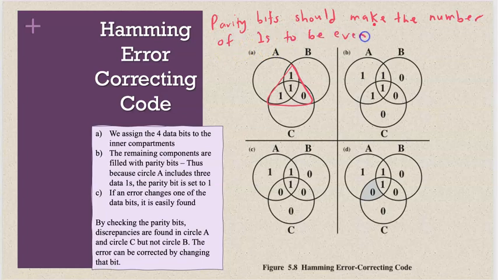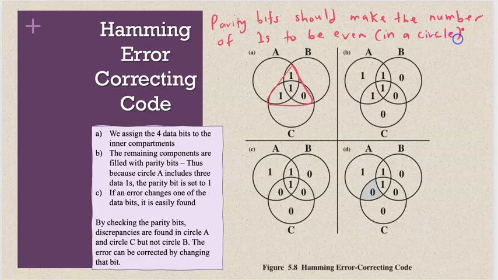This depends on the criteria that you want to set. Maybe you want the parity bits to make it odd. Maybe you want the number of ones to be even. Sometimes you want the number of zeros to be even. So it depends on the criteria. For this particular example, the parity bits should make the number of ones in a circle even.